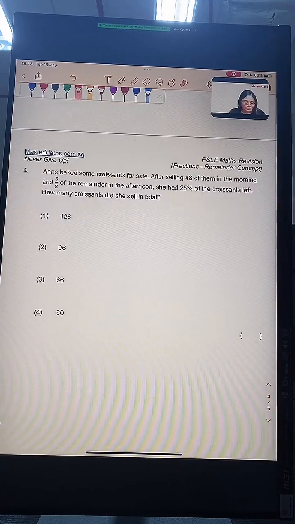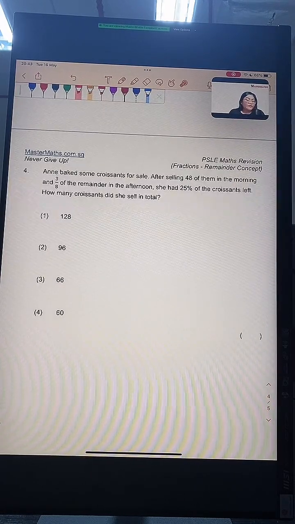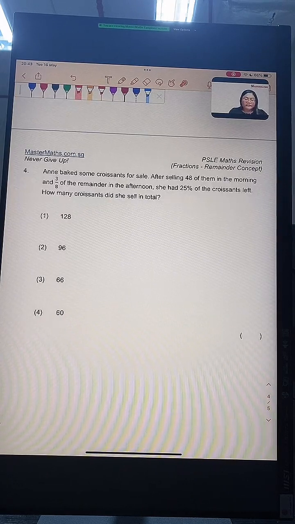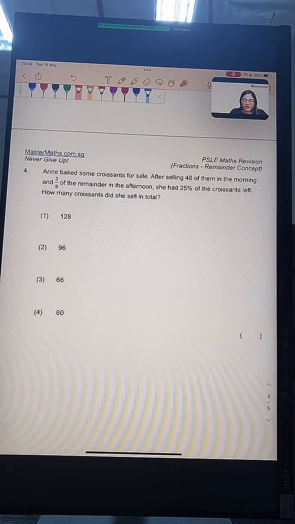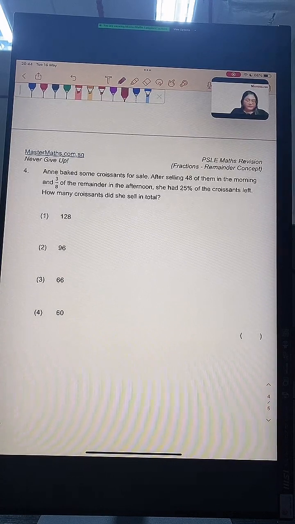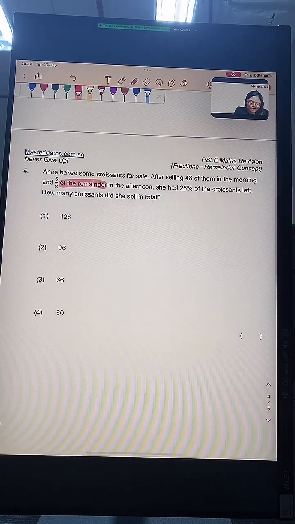You see this question, we have both fractions and percentage inside, right? Just like I mentioned earlier, schools can test you with a combination of fractions, ratio, percentage, everything in one question, which is what we have here. Again, we see the keyword of the remainder.